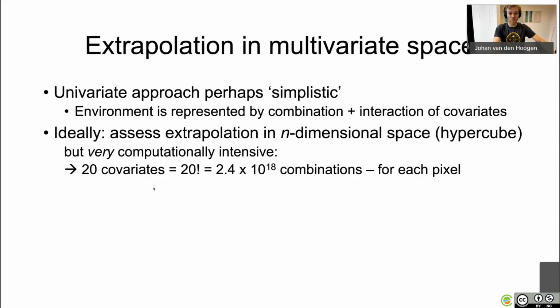But this is extremely computationally intensive. As a quick example, with just 20 covariates, one would have 20 factorial combinations, so that's about 2 to the power 18 combinations for every single pixel across the globe. This is something that we currently can't compute, because it's just too intense.